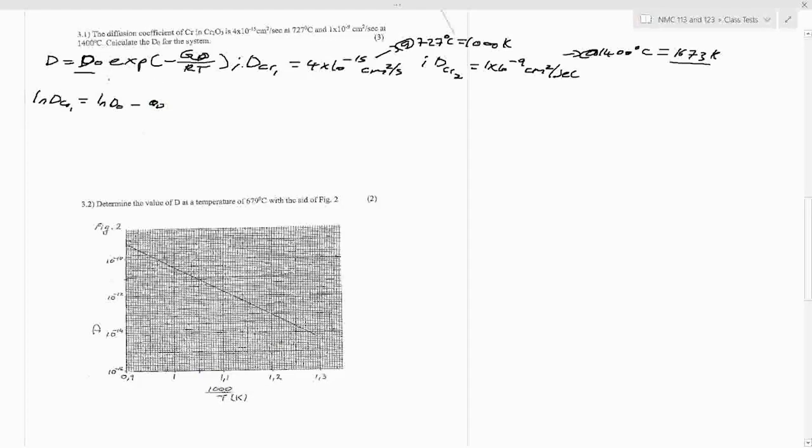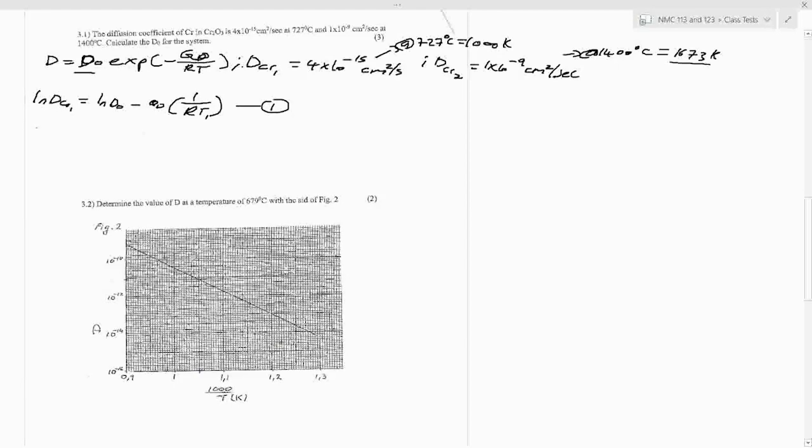The reason for that is because when you take the ln of an exponential value, the ln and the exponential cancel out, and you have the subsequent values of the exponential. This will be our first equation.